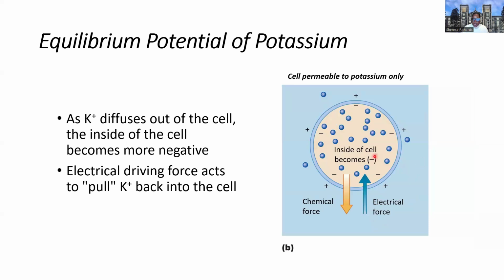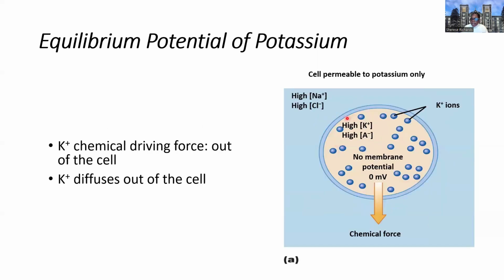Okay. Now, as potassium starts to move outside of the cell or diffuse outside of the cell passively, it's going to leave behind the unopposed negative charge of the organic anions that were inside, right? I'm going to go back here quickly just to highlight that. So we talk about the balancing, right?